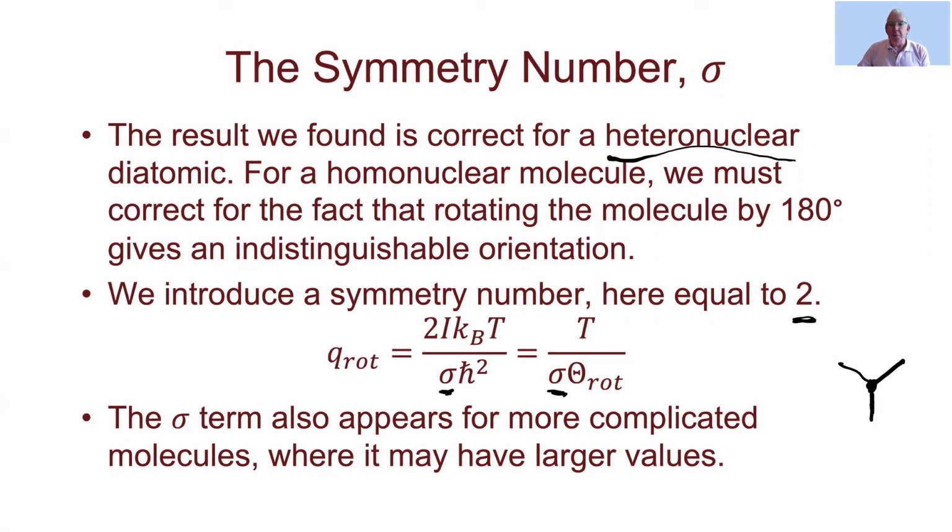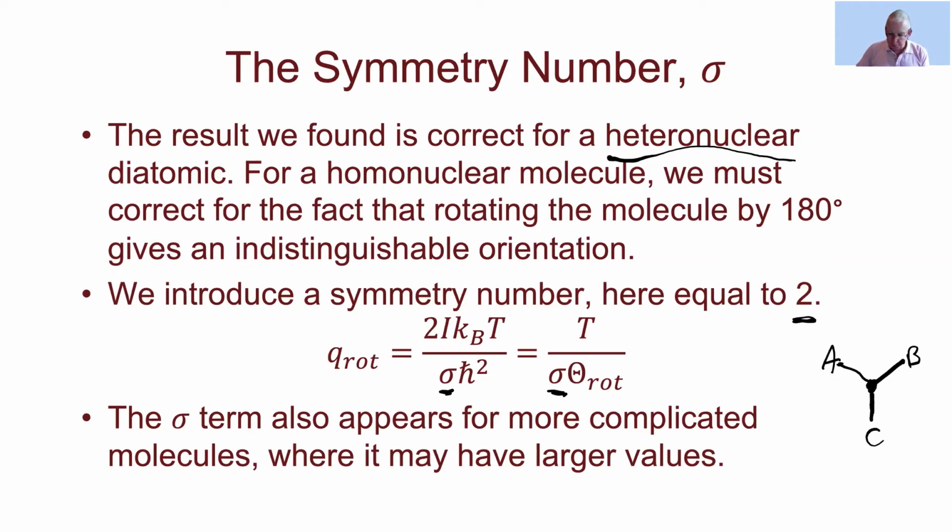So there'll be a symmetry number like that for anything that is not a heteronuclear diatomic in general. There'll be at least a chance of there being one. In the case of this one, if these were 3 different atoms, like A and B and C around the outside, then all the positions would still be distinguishable, and my symmetry number would drop back down to 1. That would be the equivalent of the heteronuclear diatomic case.